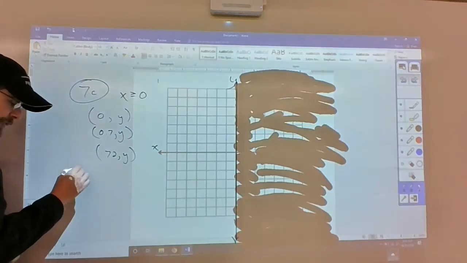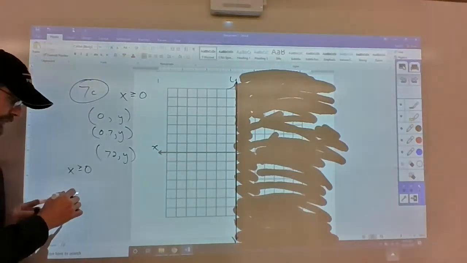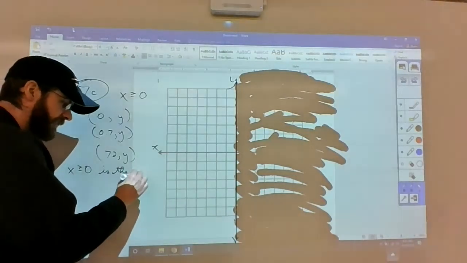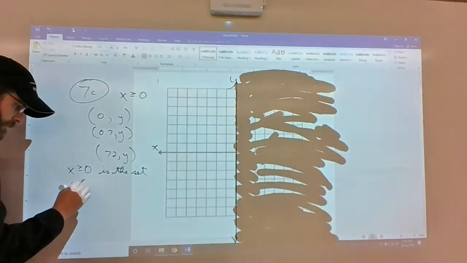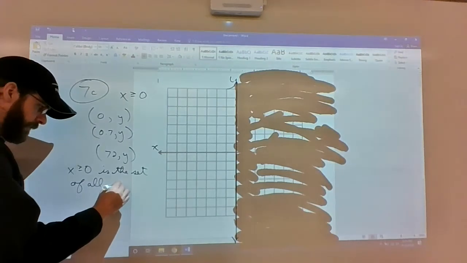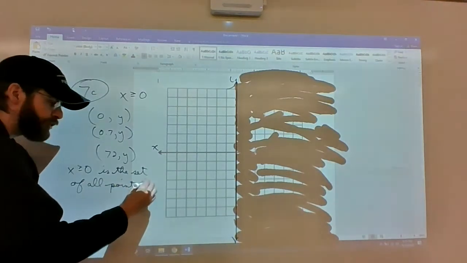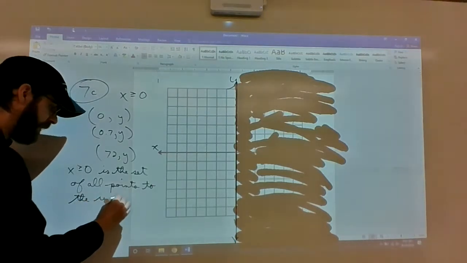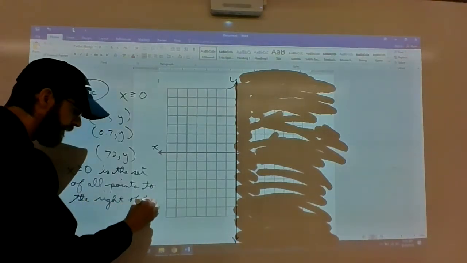So x is greater than or equal to 0 is the set of all points to the right of the y-axis.